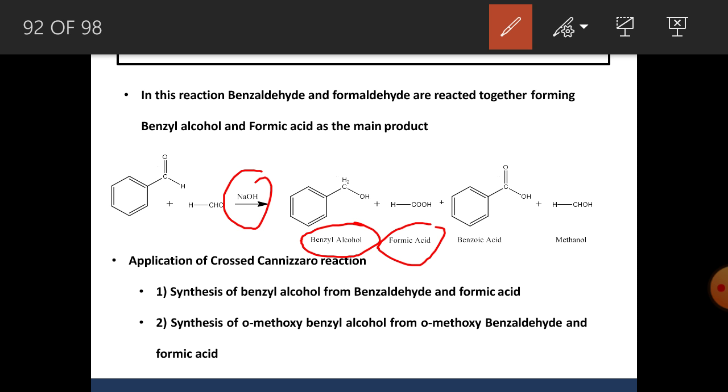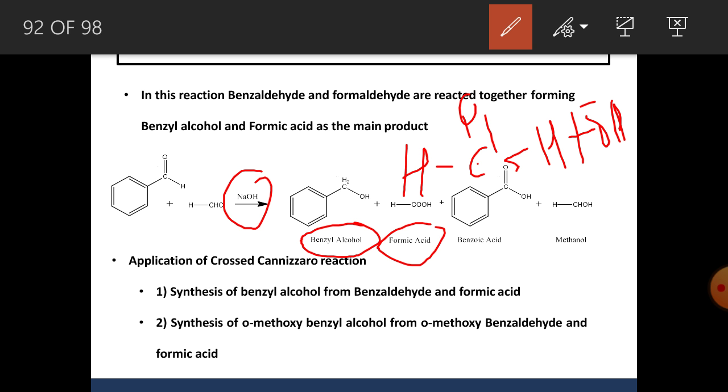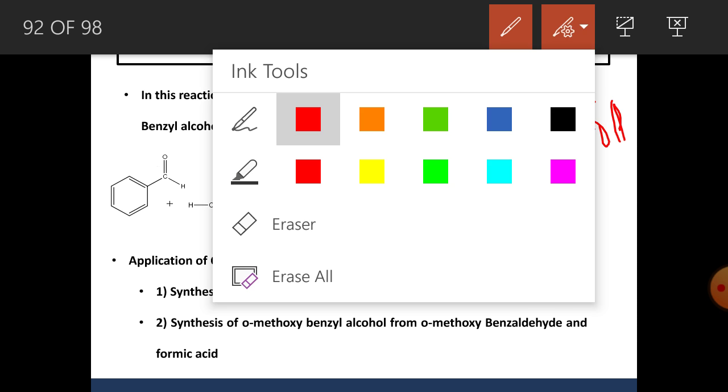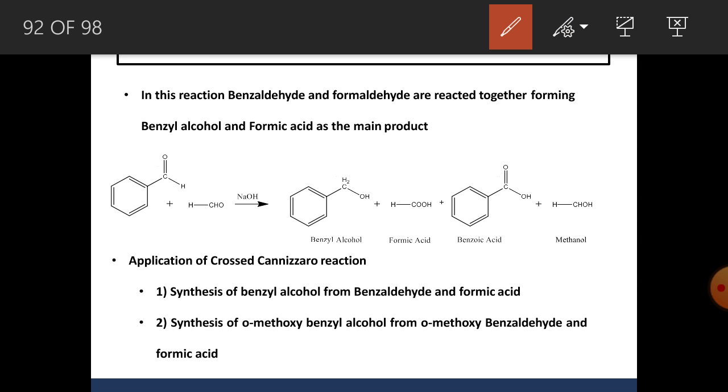So what will be the first step? The first step will be from formaldehyde, HCHO: there will be addition of OH minus ion. So this OH minus ion gets added to formaldehyde. Then from this intermediate there is a hydride shift.